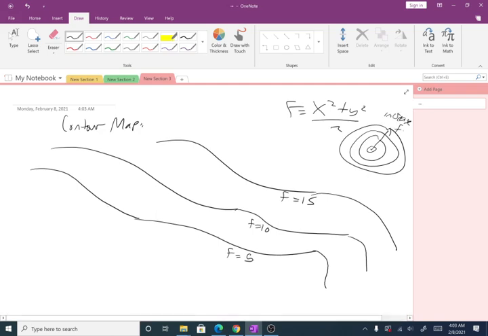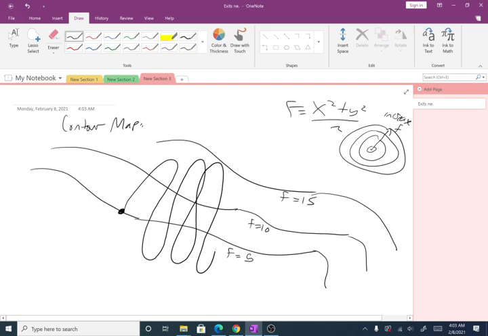So what this theorem says is if I start on this curve here, and I take any weird curve, and I end on this contour here, then the integral over the curve is actually equal to 15 minus 5.